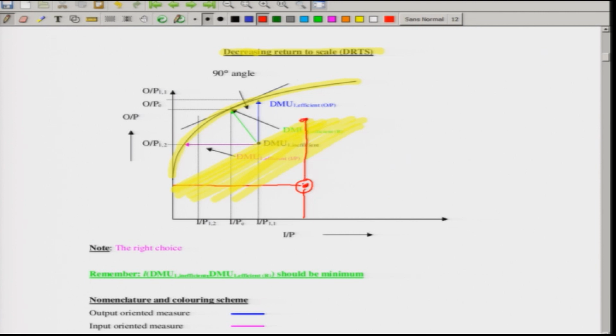It means at the same level of input, the DMU can get a higher output, which is here. So, rather than this point, I would rather go to this point where my output would be more. Consider the other way around. So, here I keep the input fixed and increase the output.